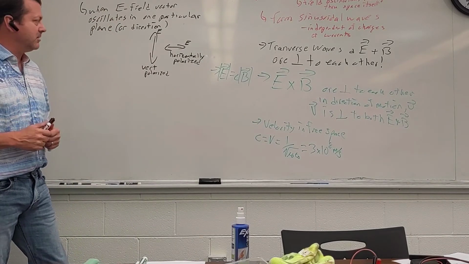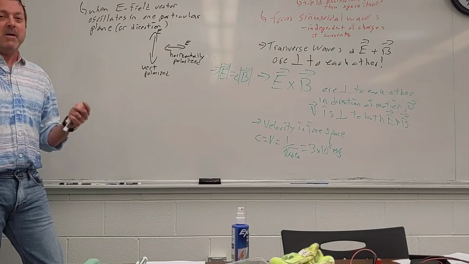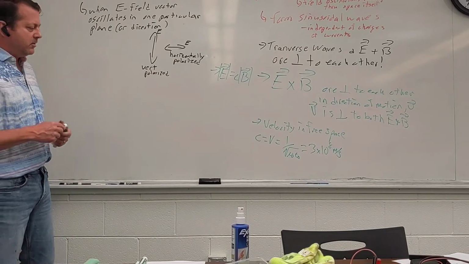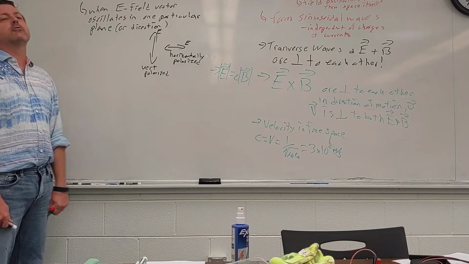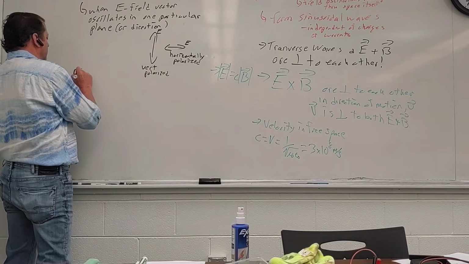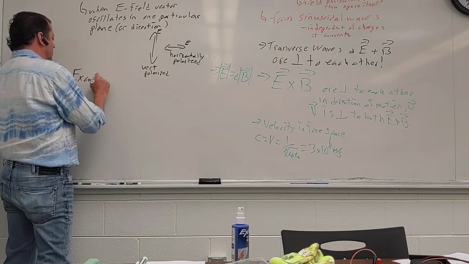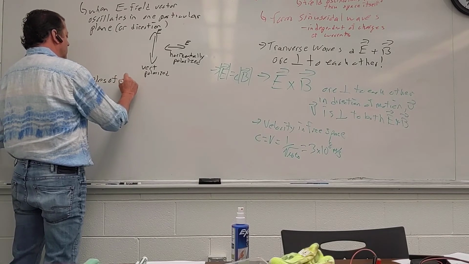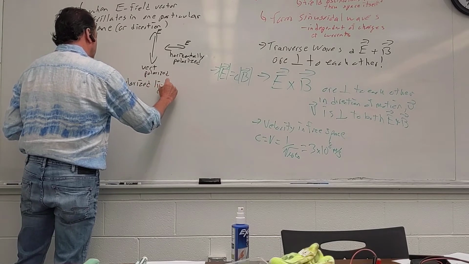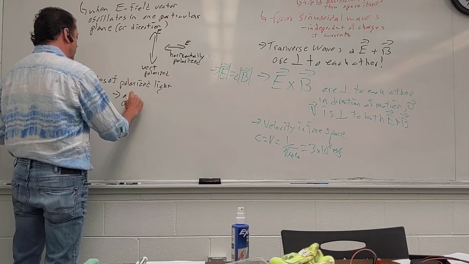Now, what happens is, can you make light oscillate in one direction? Well, light can be naturally polarized. Glare is a good example. Glare.